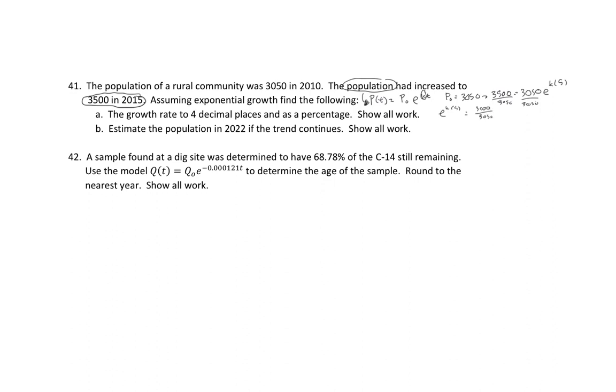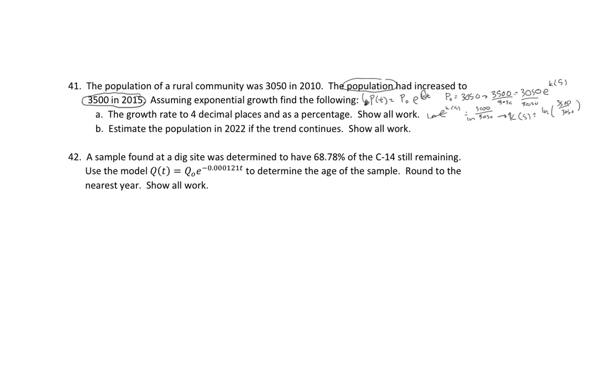Then to get rid of the e, we take the natural log of both sides, which cancels out the natural log and the e. So k times 5 is equal to the natural log of 3,500 over 3050.